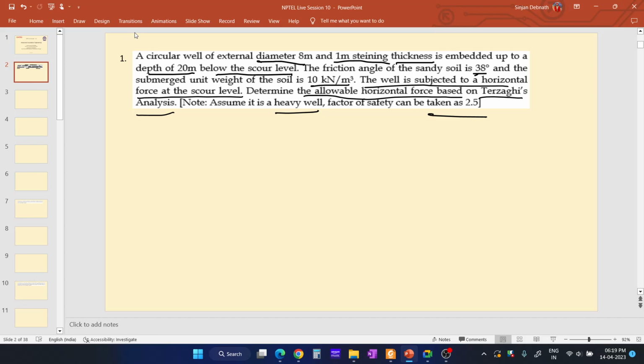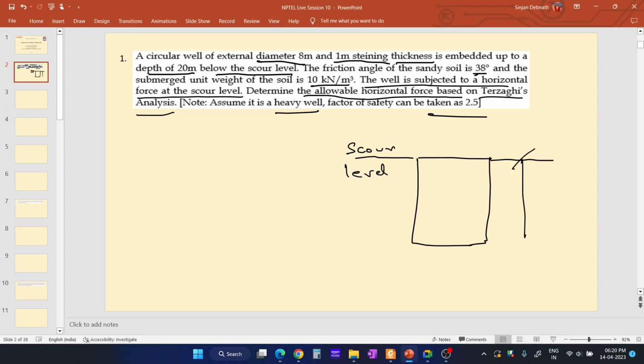Let me first draw this problem. Suppose this is your well, and this is the scour level. The embedded depth below the scour level is 20 meter, so the value of D, the depth, is 20 meter.